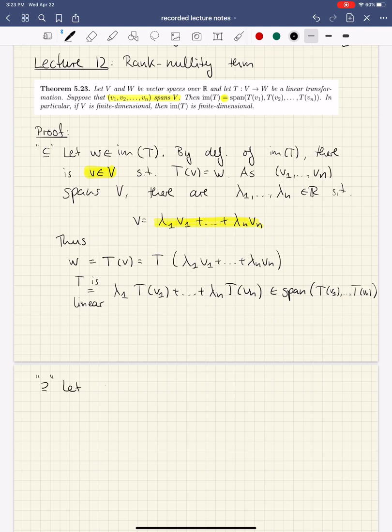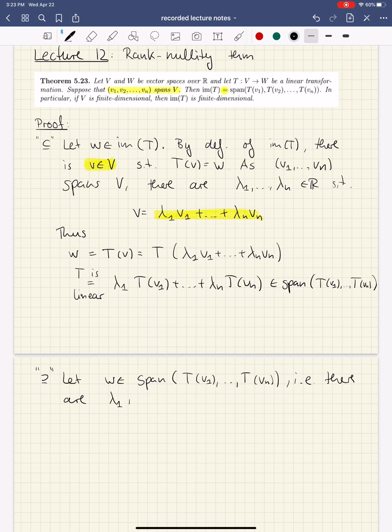So let w be in the span of T(v1) through T(vn). What does that mean by definition? There are lambda 1 through lambda n in R such that this w can be written as this linear combination here.